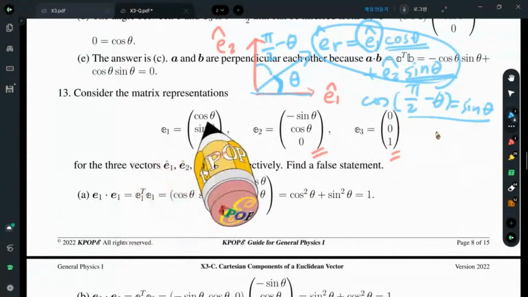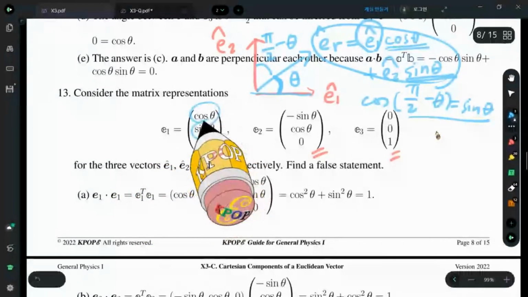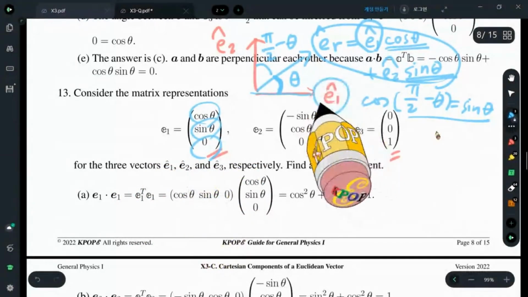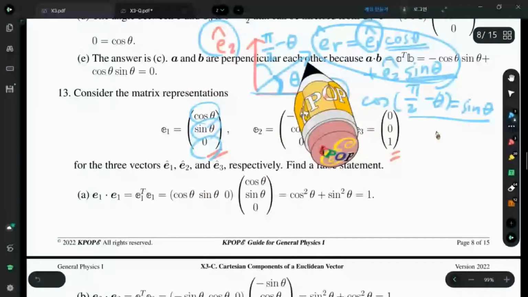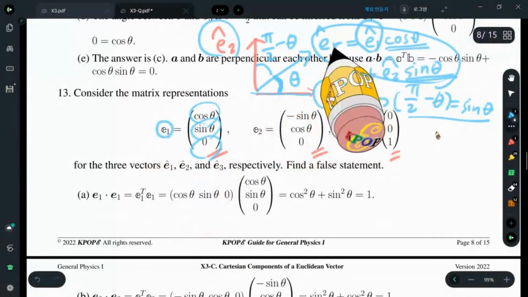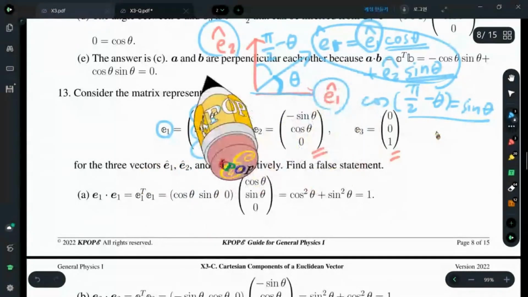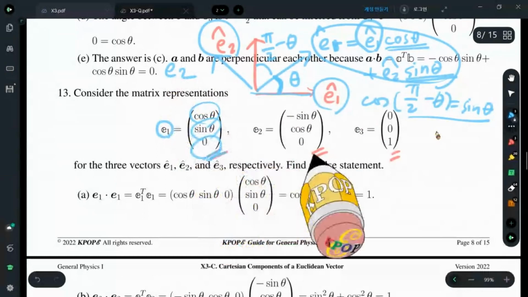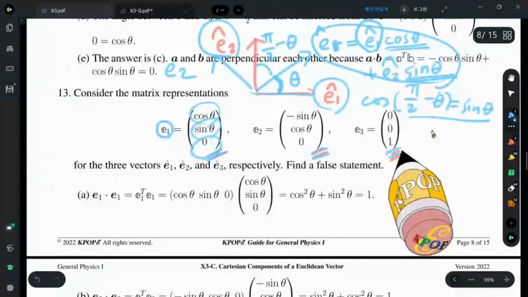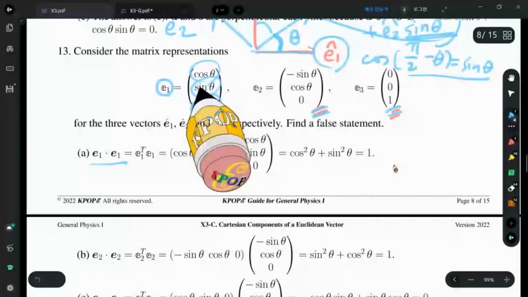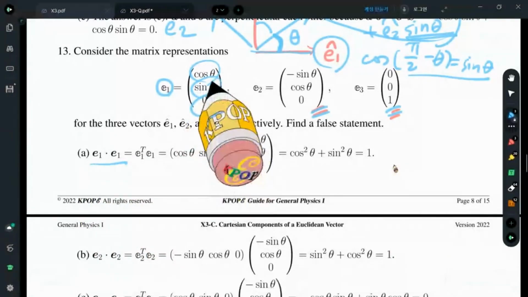So we introduce this, the old E1 and E2, but I have redefined this one as new E1 and E2, something like that. When these are given, this is just training in multiplication and matrix representation.